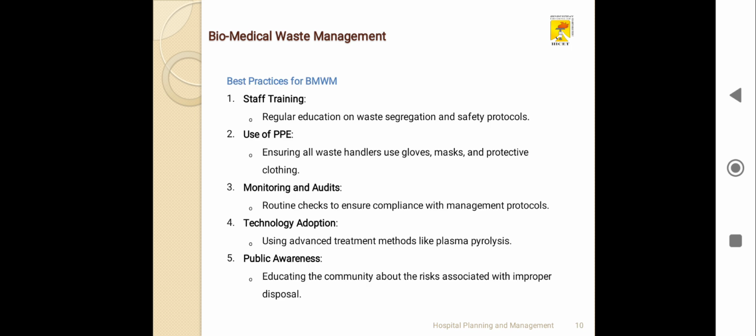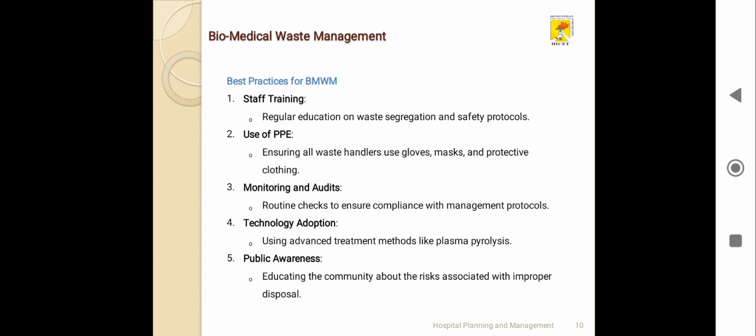What best practices can be followed to improve biomedical waste management? Staff training: regular education on waste segregation and safety protocols so staff members are aware of the effects biomedical waste can cause. Use of personal protective equipment, ensuring all waste handlers use gloves, masks, and protective clothing.